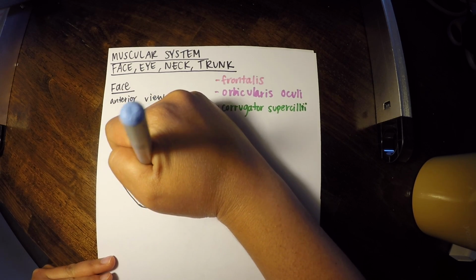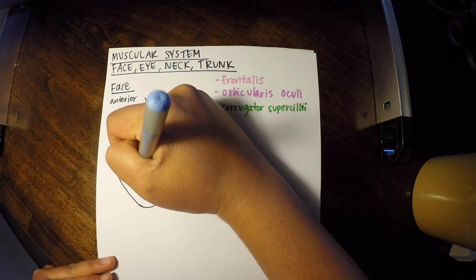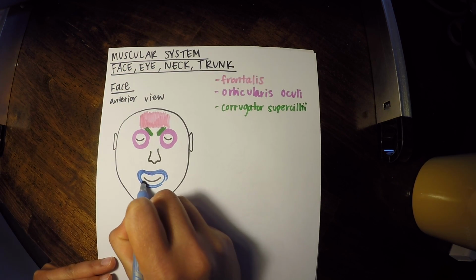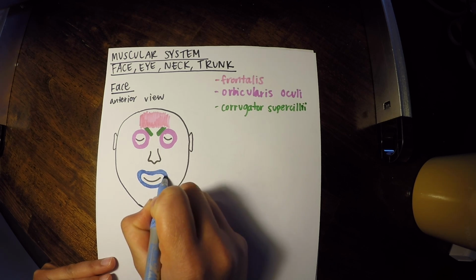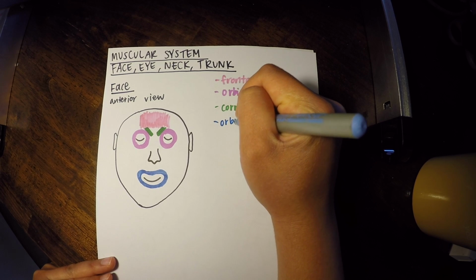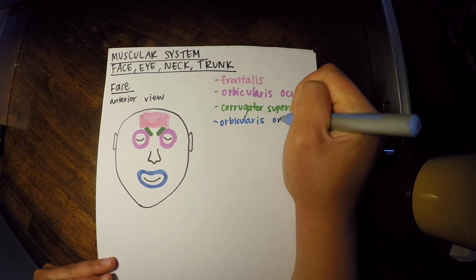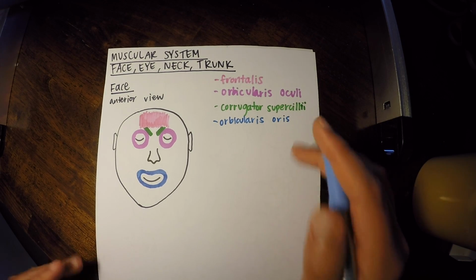So it's going to be all around the mouth in this nice orbital or circular structure. And this is called orbicularis oris. Make sure you don't get that confused with orbicularis oculi.